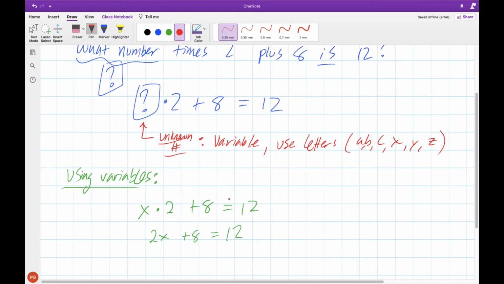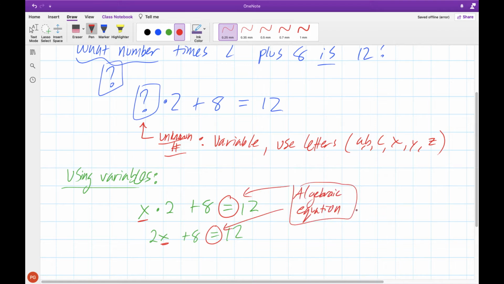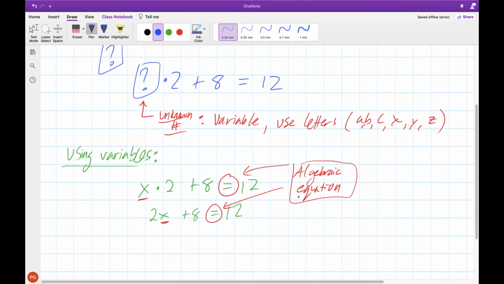Any time that we have an equal sign with our variables here, this is called an algebraic equation. The reason why we call it an equation, if you notice the start of equation has the same start as the word equal, what that tells us is that our variables, our algebra, has an equal sign in it.